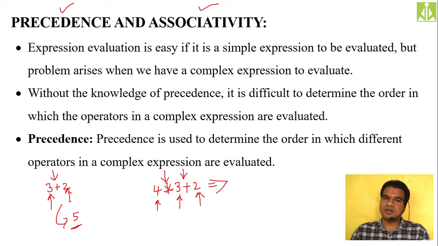If you are from a mathematics background, if you have done some good mathematics at your elementary level as well as at your intermediate level, then you know which operator we need to evaluate first. Because according to the BODMAS rule, we always need to evaluate the multiplications before the addition. So if you apply the BODMAS rule, you will get 4 multiplied with 3, that is 12, plus 2, it is 14. The value of this expression is 14.